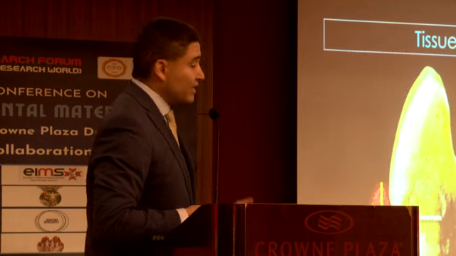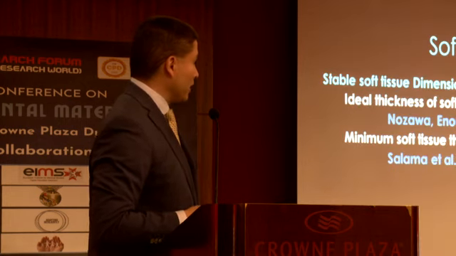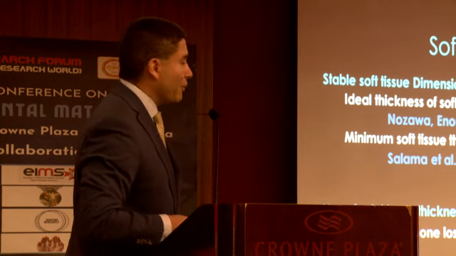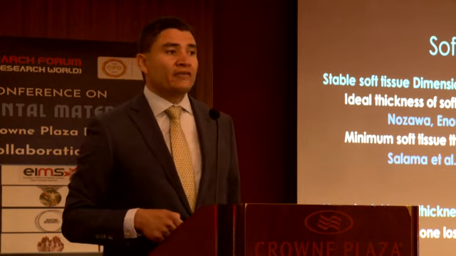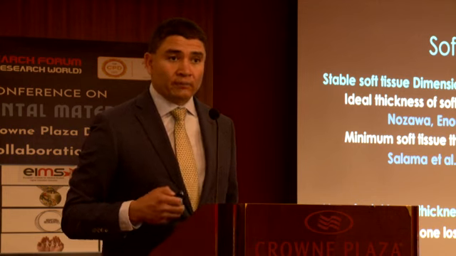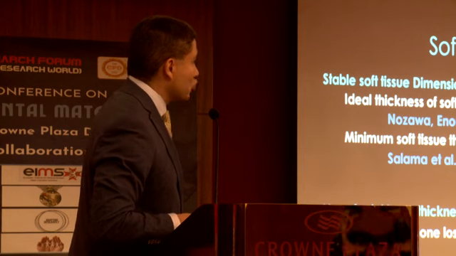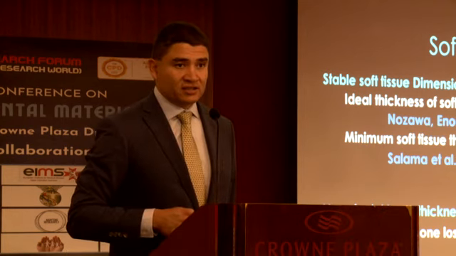Now, that's not the only thing you have to think about. You have to think about the thickness of the soft tissue. How much thickness of tissue should you have in order to better protect against bone loss? Well, you should have at least 2 millimeters of soft tissue thickness.